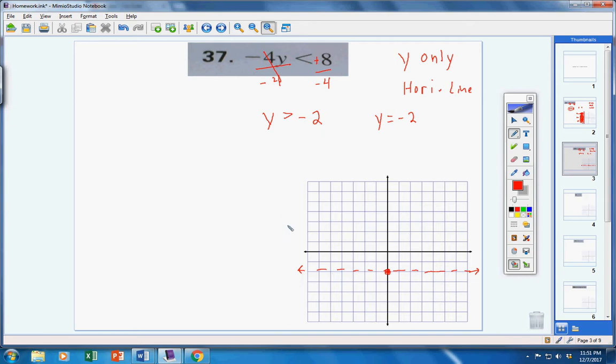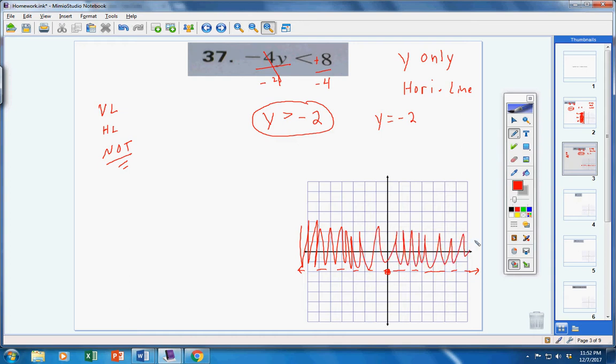Now, whenever you have a vertical line or a horizontal line, you do not need to test a point. We just look at the problem here. Y is greater than -2. Greater would be up here, so we shade above the line. If it would have said less than, then we would shade below the line. And this shading, of course, continues on and on upward forever.